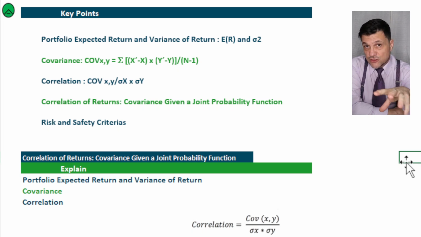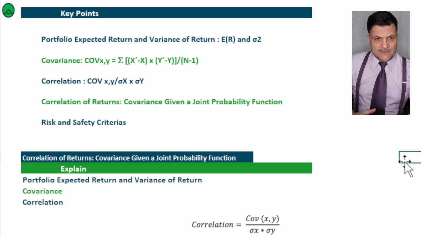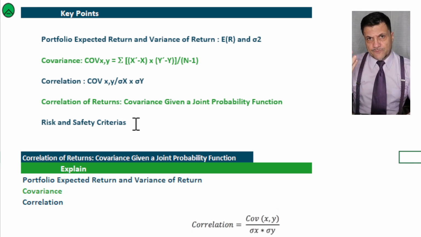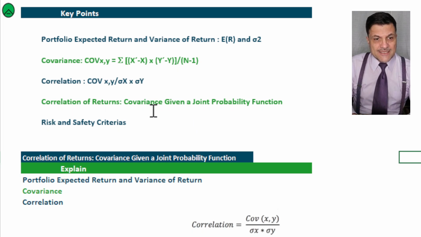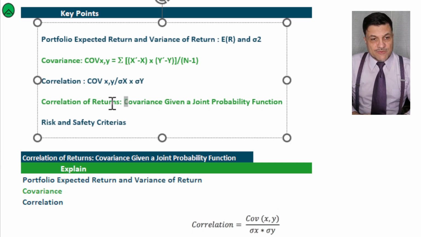I decided not to include an example here, but I decided to talk about it, to see if you get what correlation of returns is related to, the covariance in a joint probability function. Correlation is the covariance standardized by the standard deviation, right? So that's the relation between correlation and covariance.